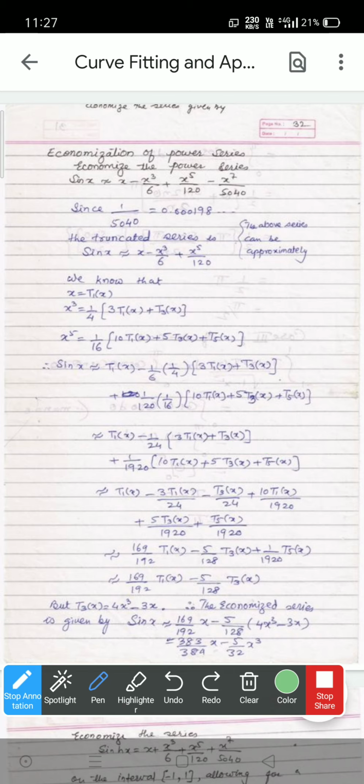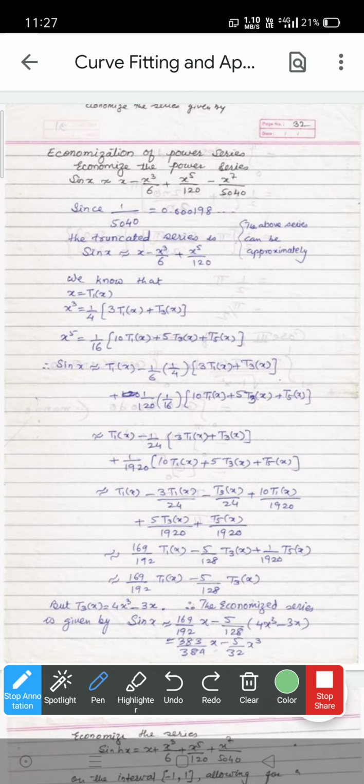So this is approximately equal to, now T1(x), this T1(x) plus 10 by this, if we add, then this is 169 by 192 T1(x). This T1(x) term is also there, if we add all of these it will come. T3(x), T3(x), this is T3(x). If we solve these two, it will come to minus 5 by 128 T3(x) plus 1 by 1920 into T5(x).